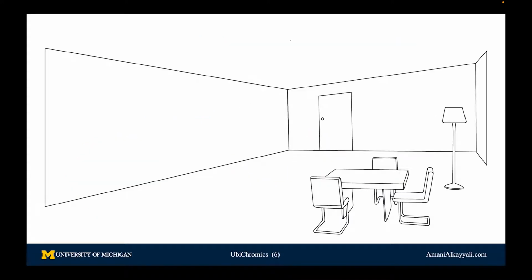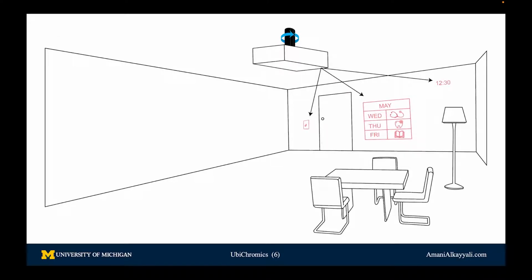In our vision of UbiChromics, we make use of the color changing property with the light sources. So imagine a room where many surfaces are available to serve as displays. We could put a light source at the center of the room, and when the light source is turned on, a color change can happen on the surfaces, and this creates a display.